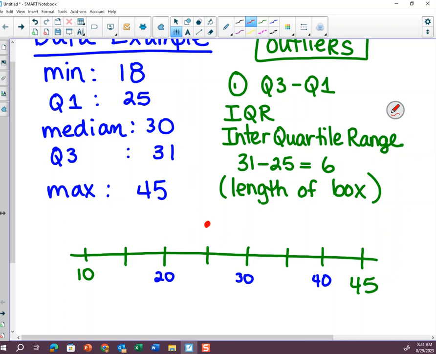When I put the first quartile, the third quartile, and the median on here, the box from Q1 to Q3 is the interquartile range. So that's the length of the box.